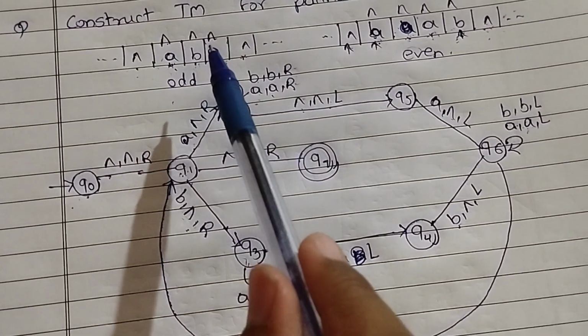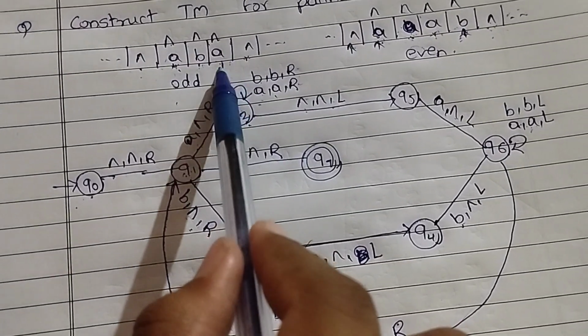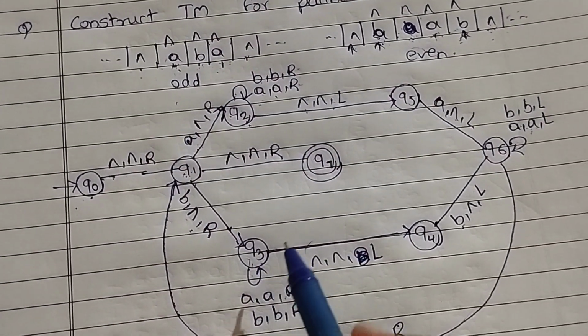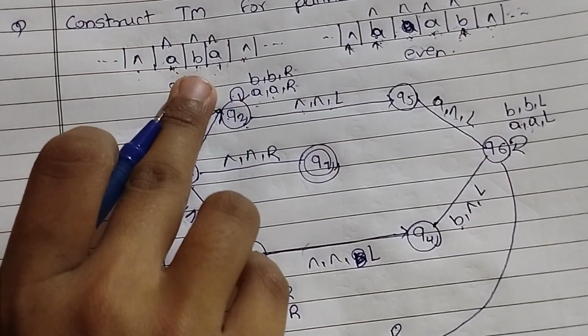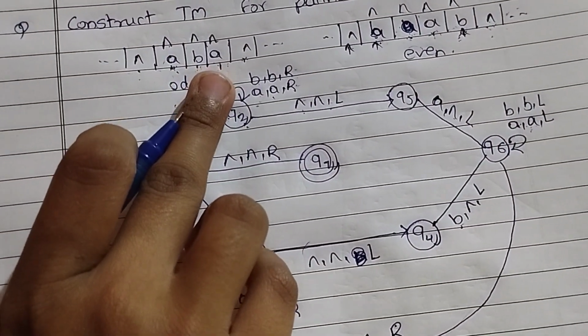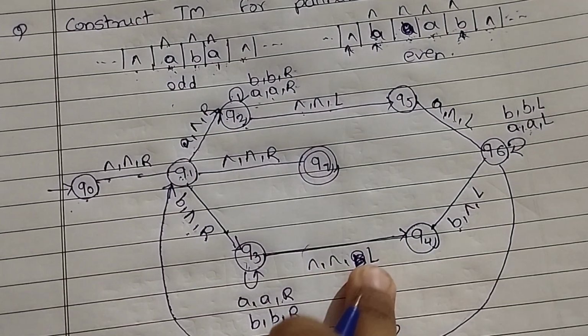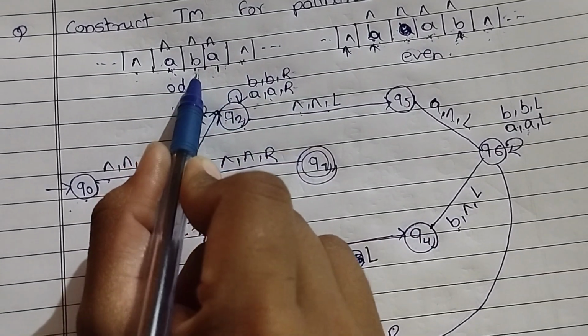Now after we move to the right side, we read null value, but here the transition is not present. So when we shift to the right side, we read the null. So keep this null as it is, move to the left. So again we come here for the B.